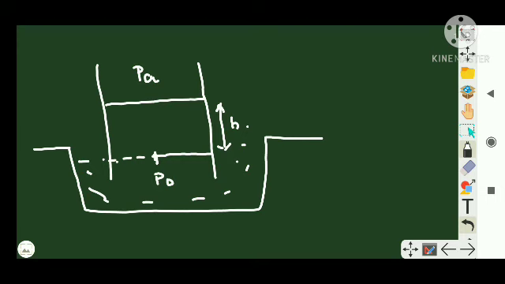Let's say the capillary tube has a radius. In your textbook the radius is given as A, so let us take it as A itself. Now I have drawn it as flat. Let us consider the liquid is water, so the meniscus is like this.